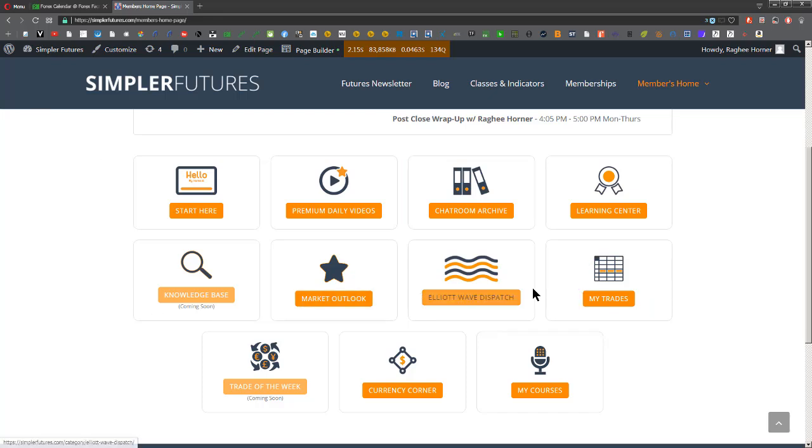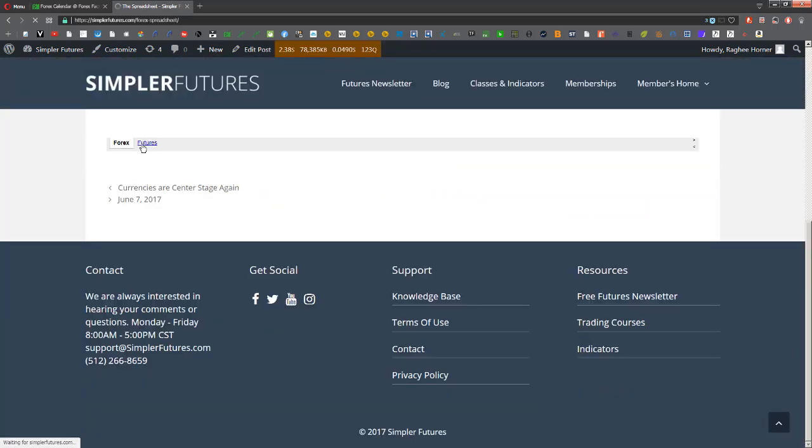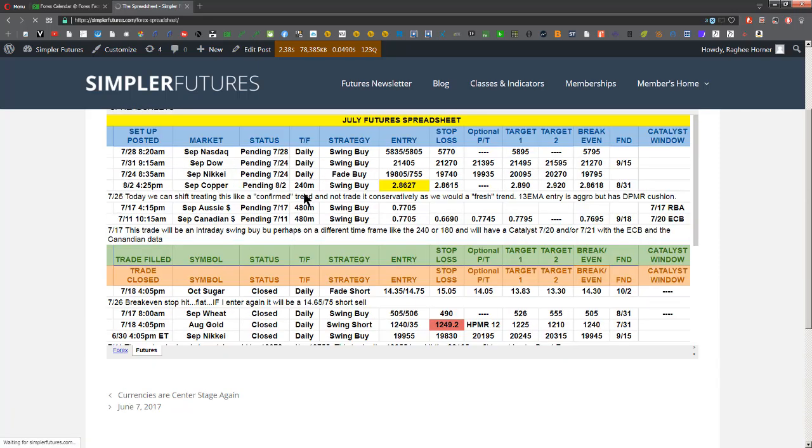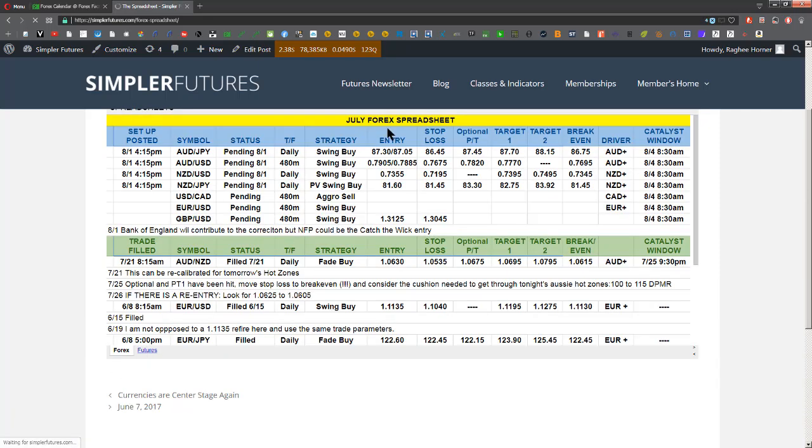And most of you will notice the spreadsheet trades where we have setups for both the futures and the Forex markets, usually generally longer term time frames. So you'll notice we have the Forex and the futures, and they're generally longer term time frames, dailies, 240s, 480s, dailies.